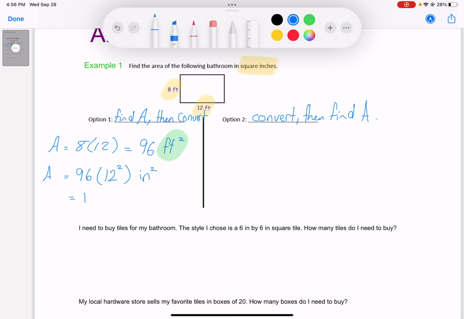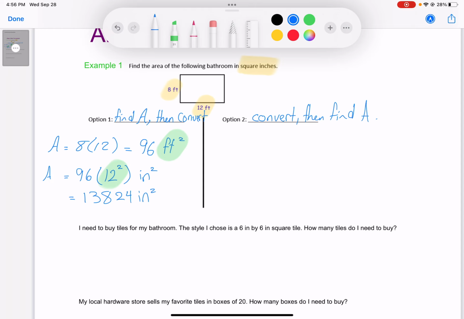This is going to give me 13,824 inches squared. So when we multiply by the conversion factor, we need to multiply by that conversion factor squared because we're converting square units.